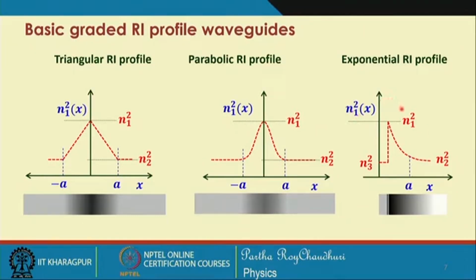Then you have an exponential profile. It has the highest refractive index n 1 square, and this is an asymmetric profile. On one side it falls suddenly, a step profile, to n 3; on the other side it has an exponential drop of the refractive index. This is a very useful structure in integrated optics.